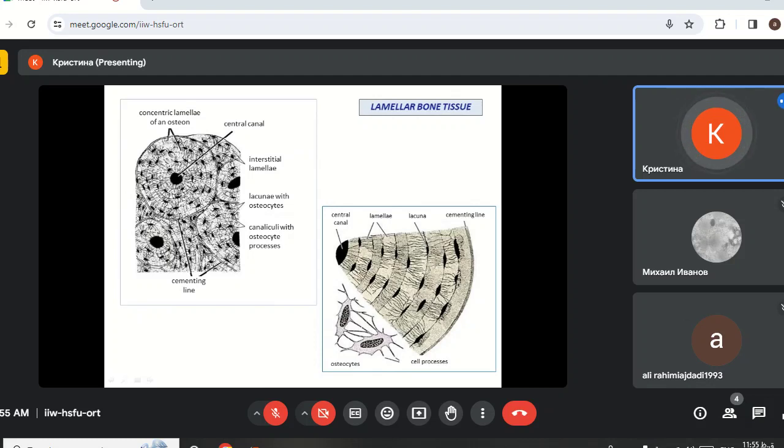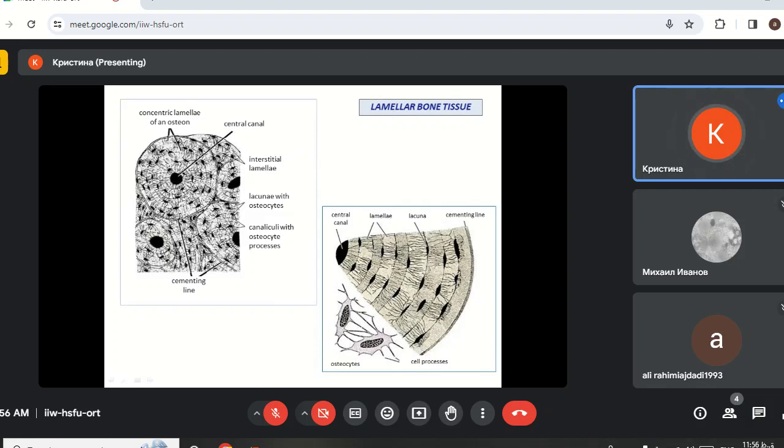Between lamellae we have osteocytes. Osteocytes are located inside lacunae. Lacuna is the small cavity inside which the osteocyte is located. Lacunae are connected together with small channels. Inside these channels the processes of osteocytes go, and so you can trace all the canals.